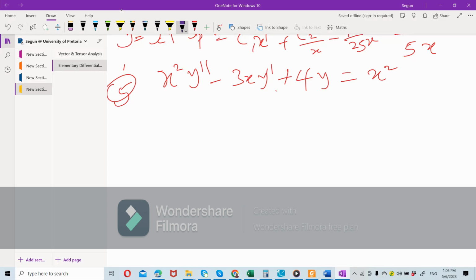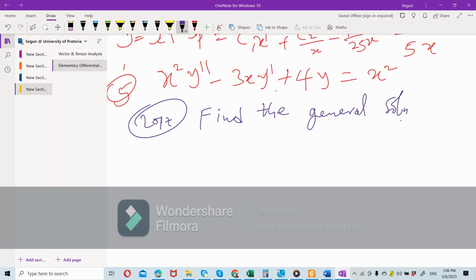It's just a digression. It's one of the exam questions in 2017. They put it this way: find the general solution of y prime minus ay equals 0, where a is a constant.